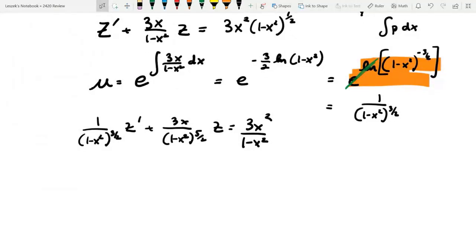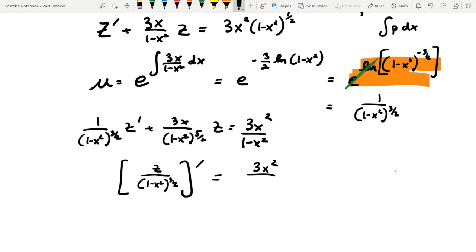All right. So I wrote the left side out, but we know what it really is. It's just z times the integrating factor, differentiated. So now it's just a matter of anti-differentiating both sides and partial fractions.